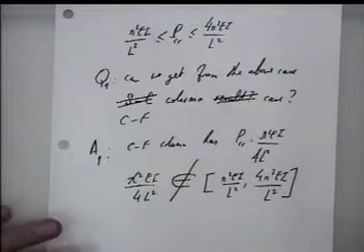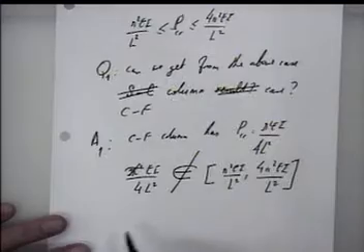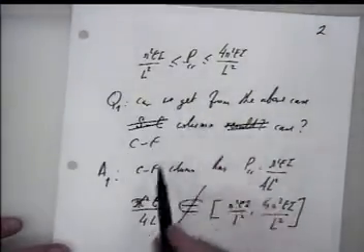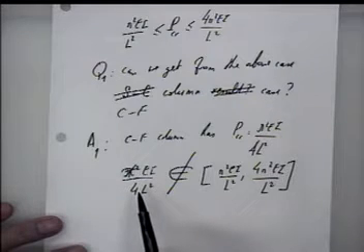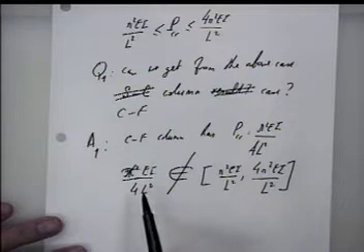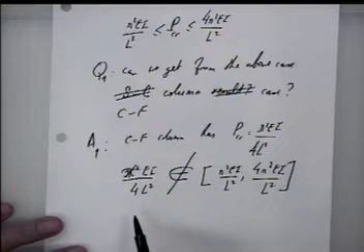So what is your answer? We know that this does not belong to that interval, but what is an answer? My question was, can we get? Say yes or no. No.